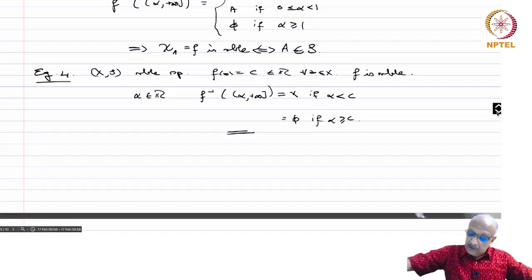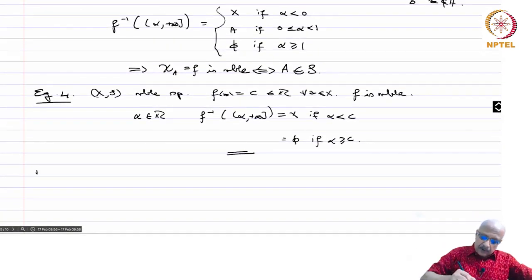So now we will prove a proposition which is useful.